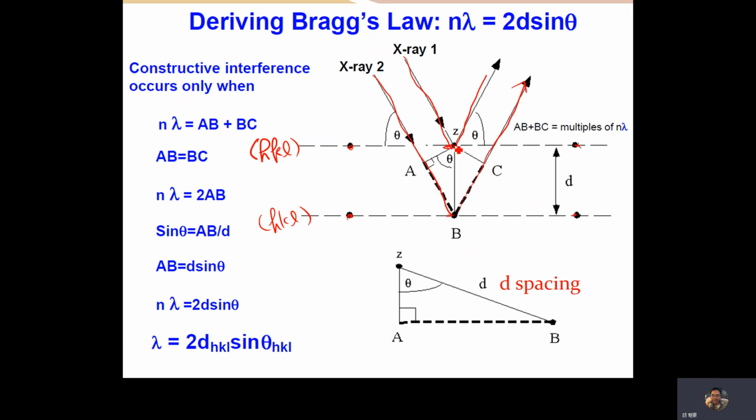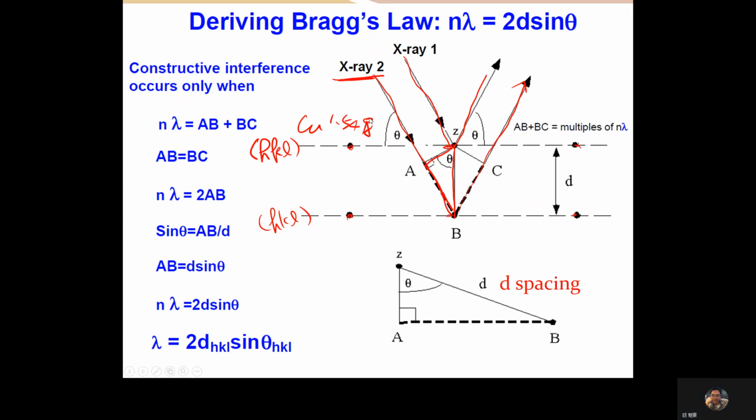Let's look at this triangle. The wavelength of the X-ray is fixed. You can use the XRD machine to identify it. We usually use a copper source, about 1.54 angstrom, but it doesn't matter; it's a constant.